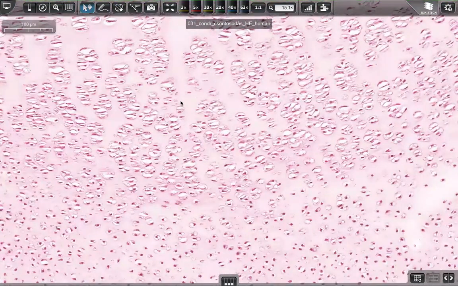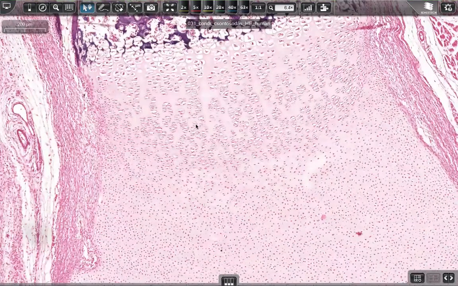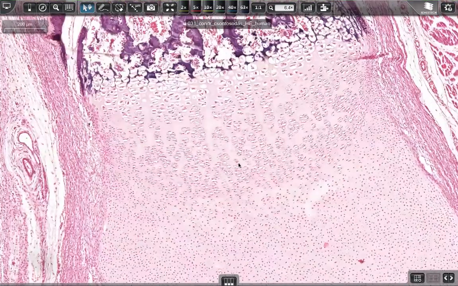That's the second phase, the proliferative phase, closer to the bony collar, because the chondrons feel less nutrients and less oxygen.